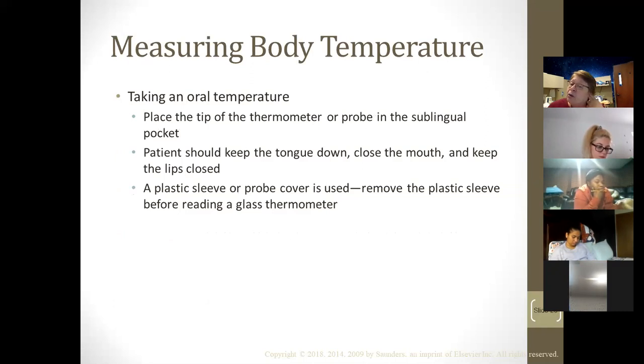When you're taking an oral temperature, the tip of the thermometer has to be in the sublingual pocket. Where is the sublingual pocket? Under the tongue, not in the cheek. Always use a cover on your thermometer, so that you're not contaminating the probe, so we can use it on somebody else.